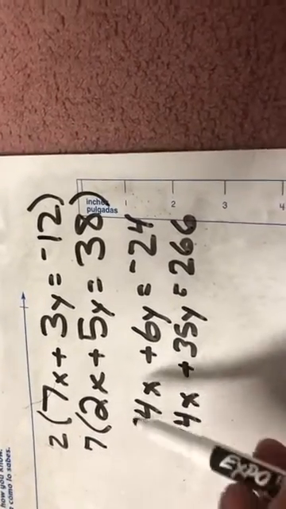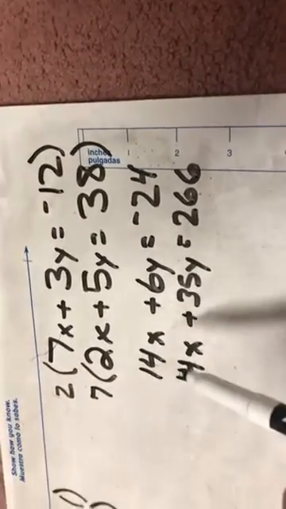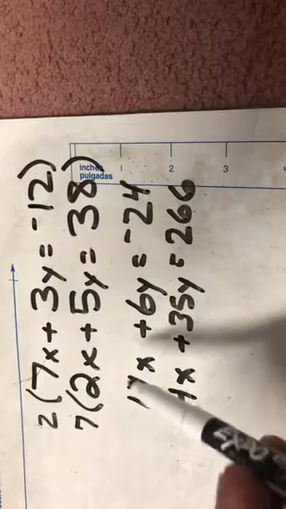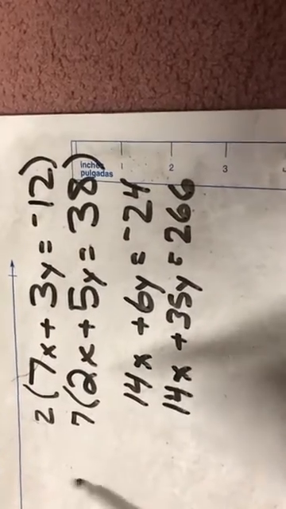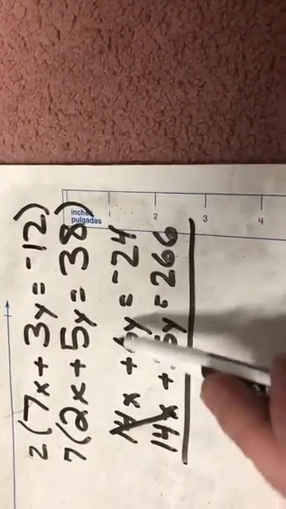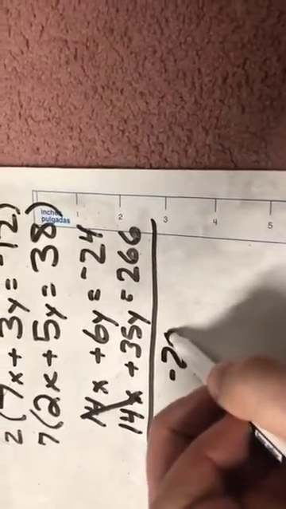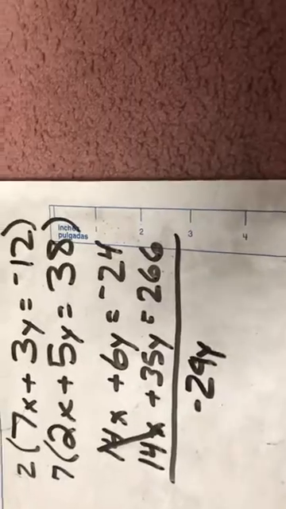Now, I see once again that I'm going to have to subtract, just like I did in the third example, because 14 minus 14 gives me 0. So cross that out, and I'm going to be subtracting. First, it's going to be 6 minus a positive 35, just 6 minus 35. That's going to give me a negative 29y.